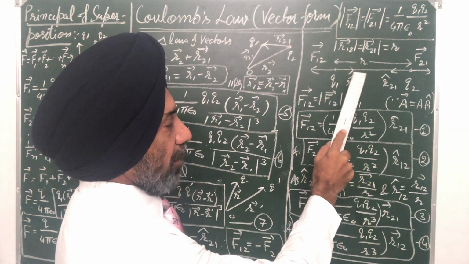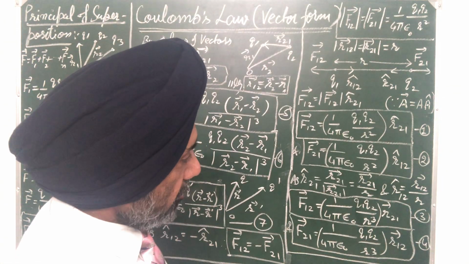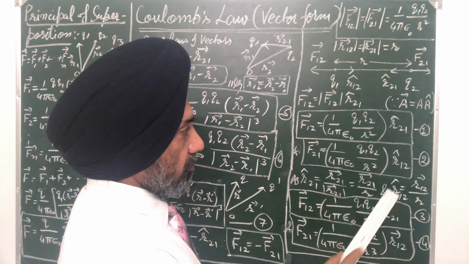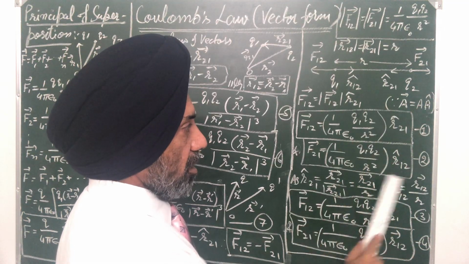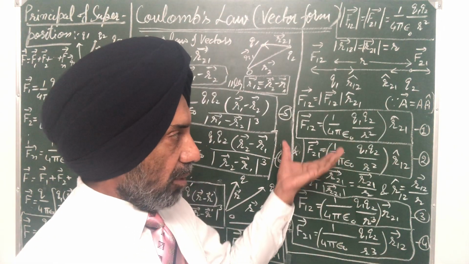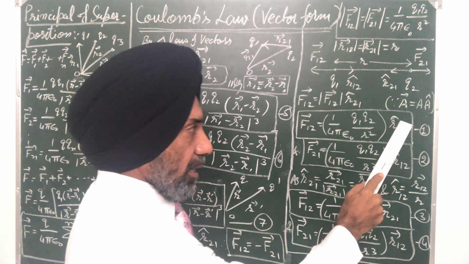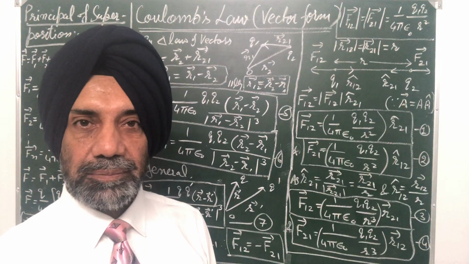Therefore, the first and second equations give the electrostatic force in vector form, or Coulomb's law in vector form, in terms of unit vectors.